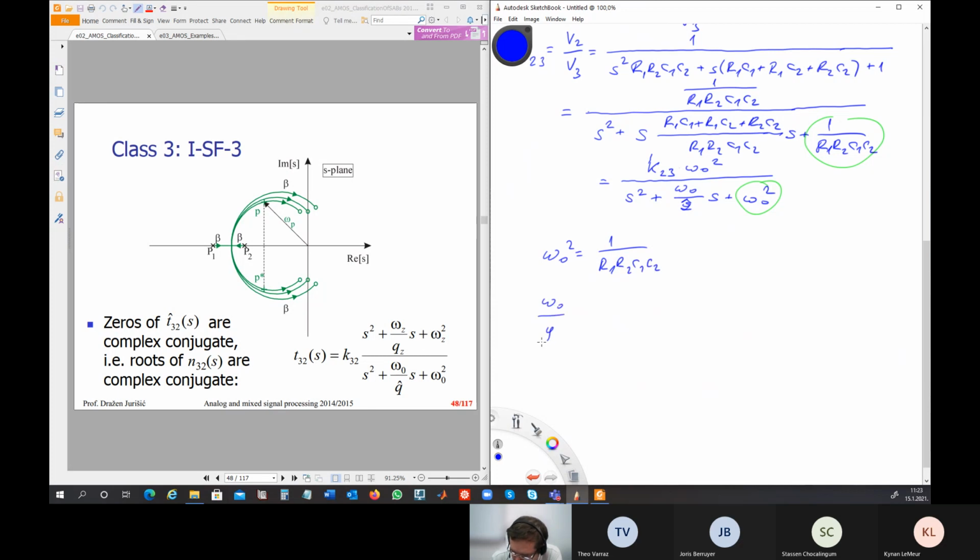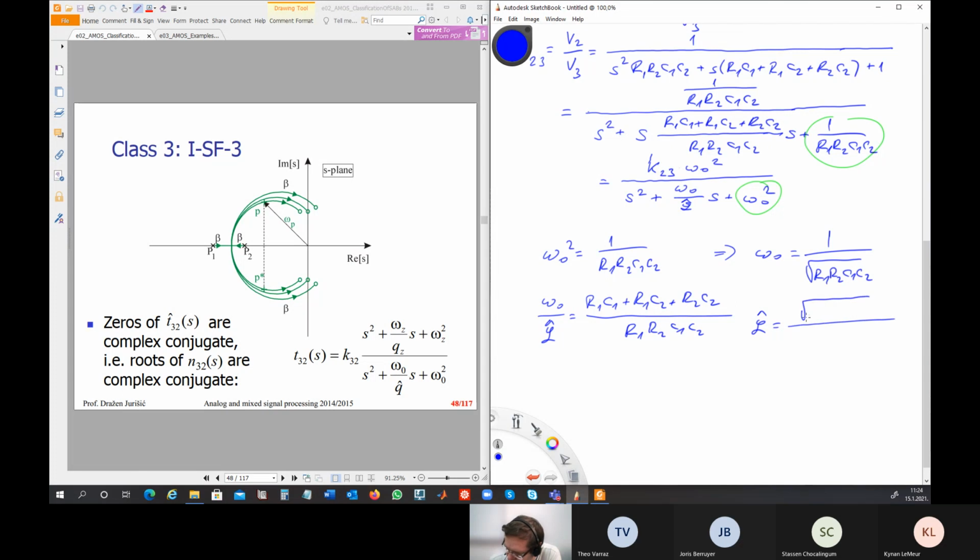Omega 0 over Q hat is equal to R1 C1 plus R1 C2 plus R2 C2 over R1 R2 C1 C2. From here you have omega 0 as 1 over the square root of R1 R2 C1 C2. Here you have Q hat, and you can very quickly calculate it.